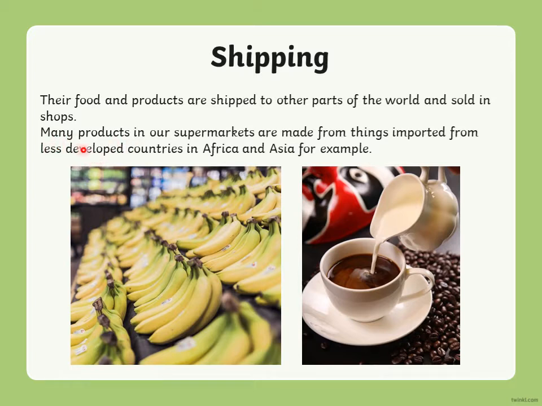We have things in place that make us a well-developed country. Okay, we have running water, we have buildings, we've got infrastructure. Okay, we are a well-developed country, whereas countries in Africa and Asia aren't as developed as us. So we can buy bananas, coffee and all sorts from the supermarket, and they come from those countries.